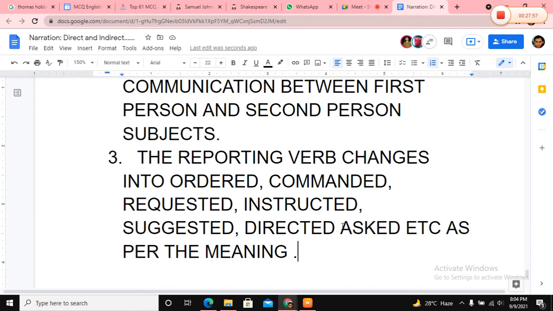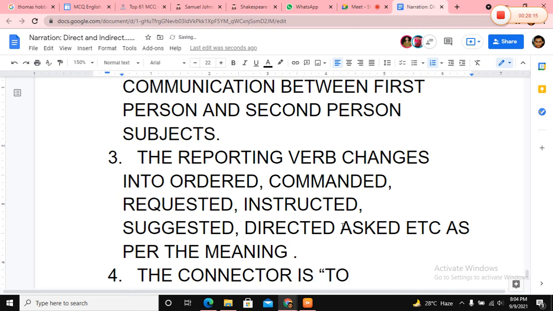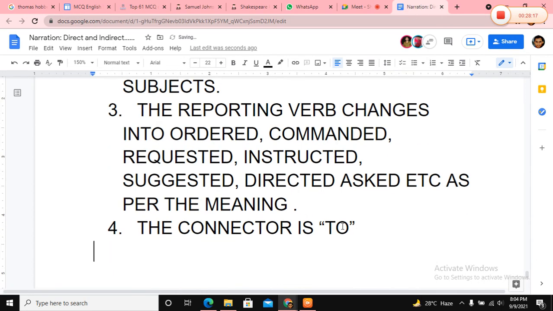Fourth rule is the connector is "to" preposition. The connector is "to" preposition. So let's take some examples.